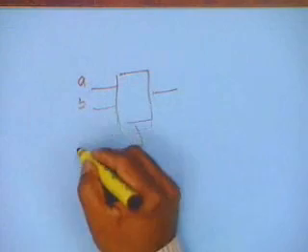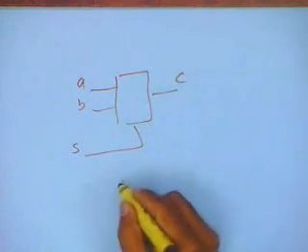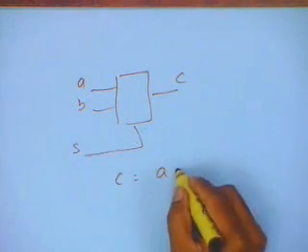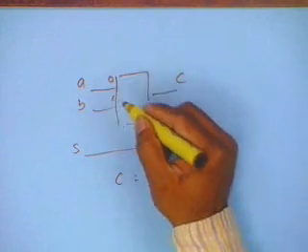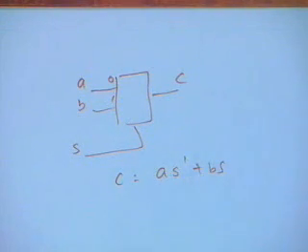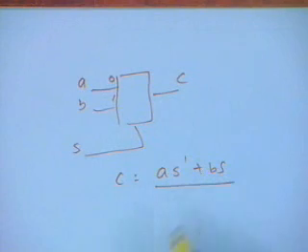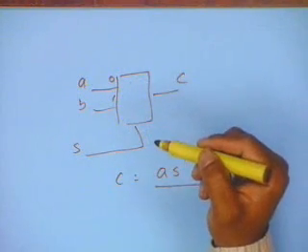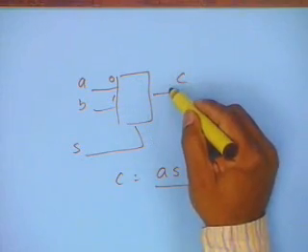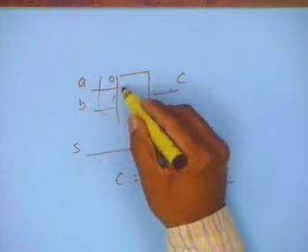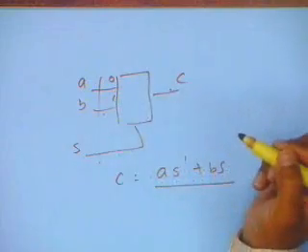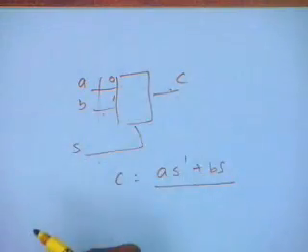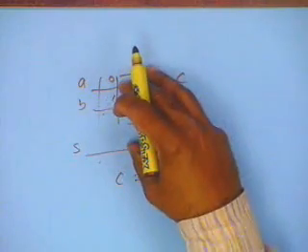I can consider this: C is nothing but A S complement plus B S. This is a Boolean equation that I have on C. So I can consider this output to be a node, and these to be inputs, and I don't have to consider all the gates that are present inside. And I can do my parallel fault simulation with models like this.